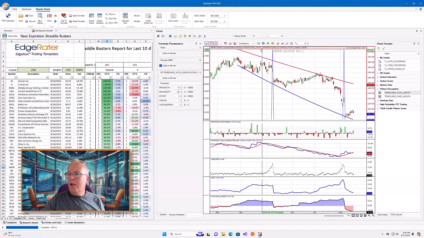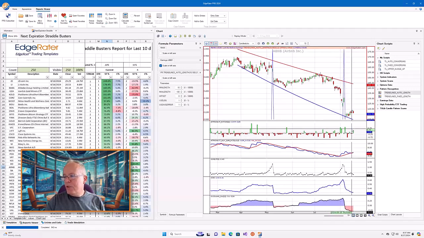So here's a good one. I like this. I saw this on Thursday, actually, and it came to my attention on Thursday. This is Airbnb with this trend line. What really brought it to my attention was not necessarily that it was bouncing off of this lower trend line, but that the straddles had turned around, and more unexpected moves started to occur recently.